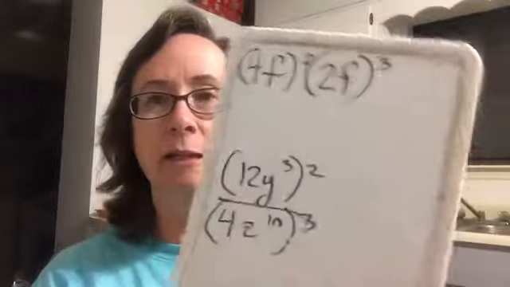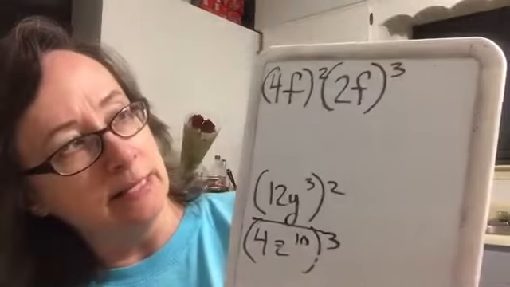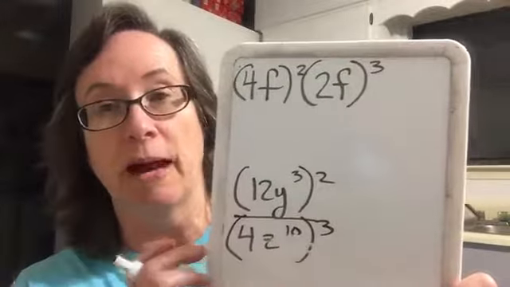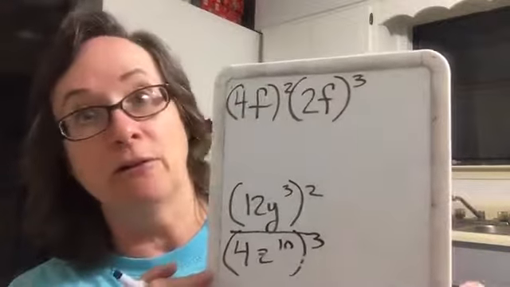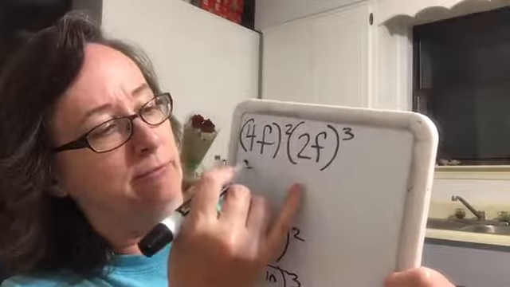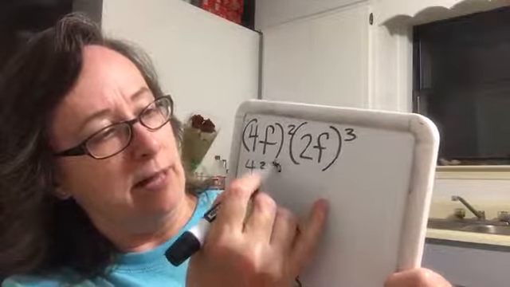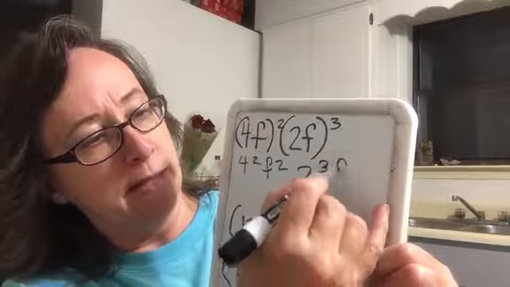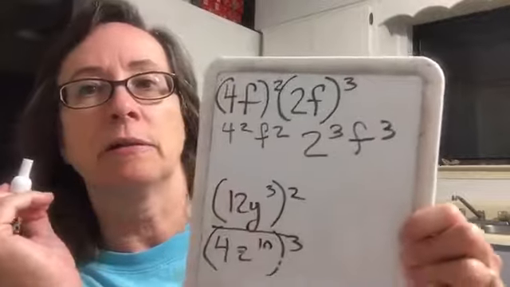Then we're moving into some kind of mixture problems where there's a little bit more to it than that. So here we have 2 products raised to a power, and the 2 powers are different. So we're going to end up having to say, okay, well, that's going to be 4 squared f squared 2 cubed f cubed.